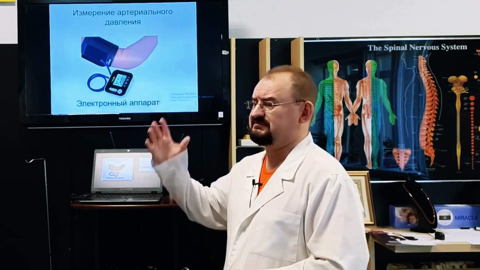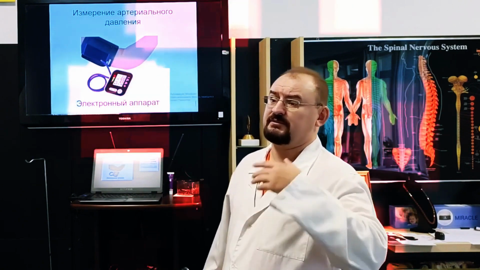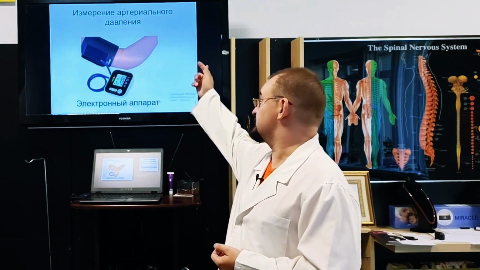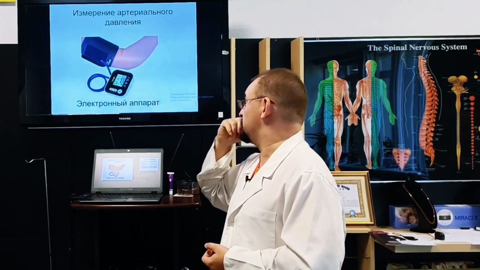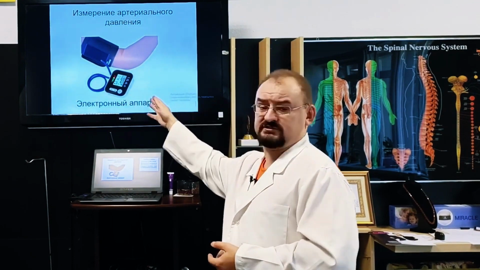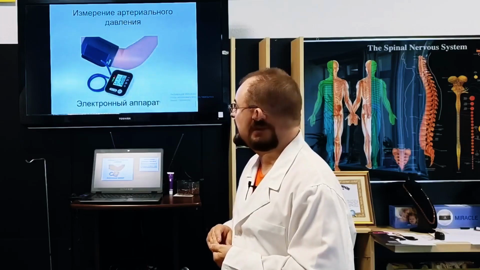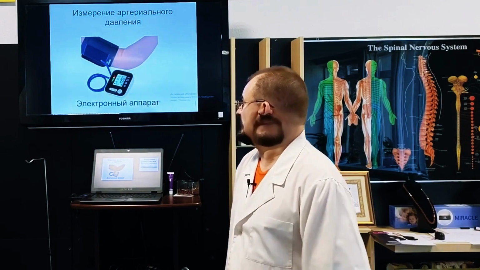Electronically, it records the moment when the bloodstream first breaks through the compressed artery, when the cuff stops compressing the artery, and immediately displays your upper pressure as 108 over the lower pressure of 69. Often, the pulse is also measured right away. 78, the device calculates it automatically. However, it may not be able to calculate the pulse if there are signs of atrial fibrillation, as it is very difficult to measure in that case.